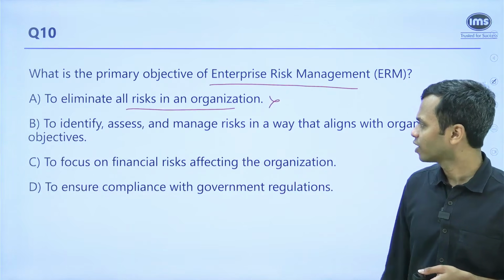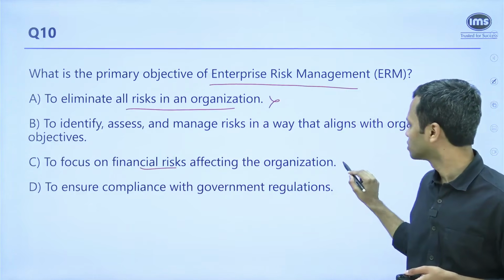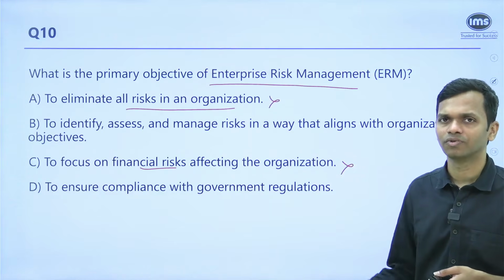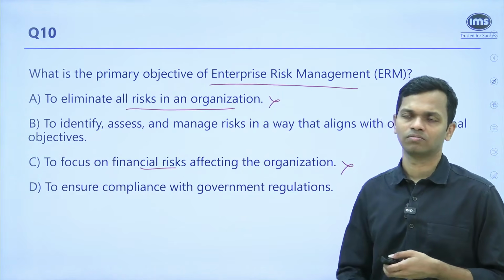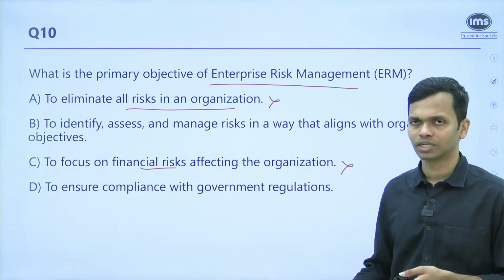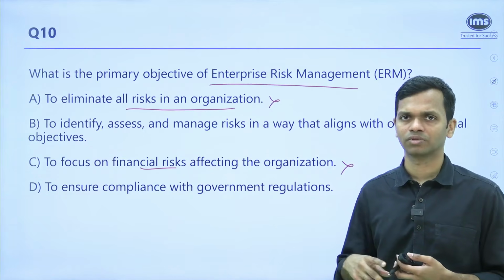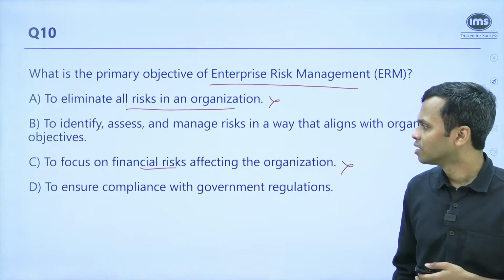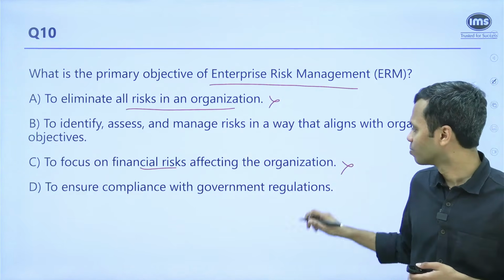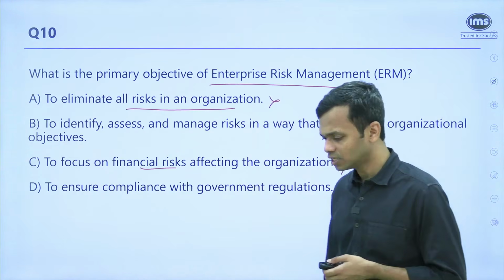To focus on financial risk affecting the organization, because it says only financial, we can remove, because the risk could be anything. For example, let's say you have security risk, right? Maybe there is theft that is going on. That is not necessarily financial risk. Last says to ensure compliance with government regulations. No. So this is one of the risks.